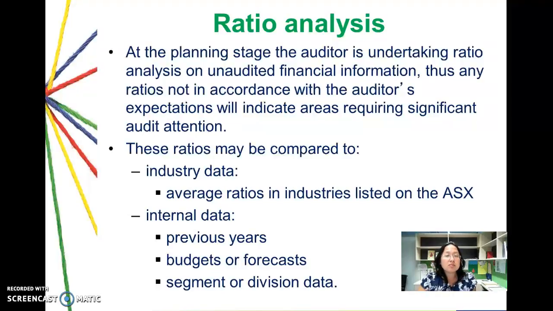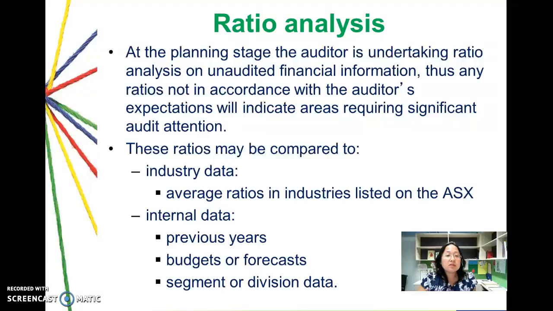It can be through their search on the internet, their own research based on industry magazines, or the average ratios for each particular industry listed on the Australian Stock Exchange or any other media channels, right?